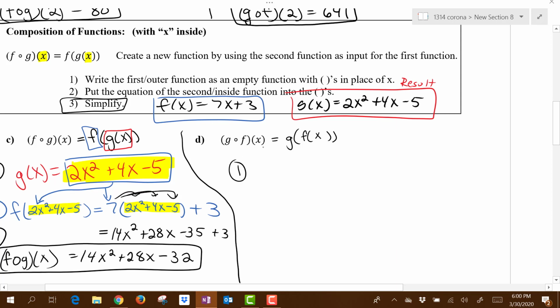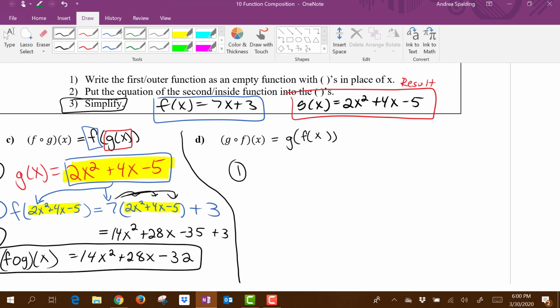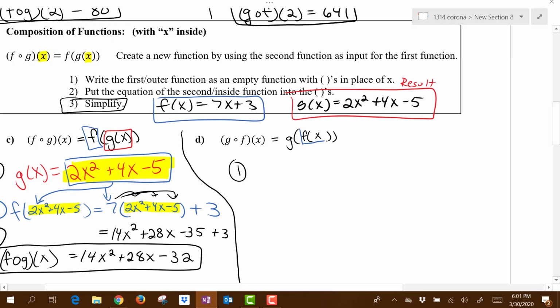So step 1 is to put x inside of equation f. Well, if I put x inside of equation f, then I just get 7x plus 3. So that's kind of a silly first step. Putting x into f, we just get the equation right back out, 7x plus 3. Alright, so we'll move on to step 2.